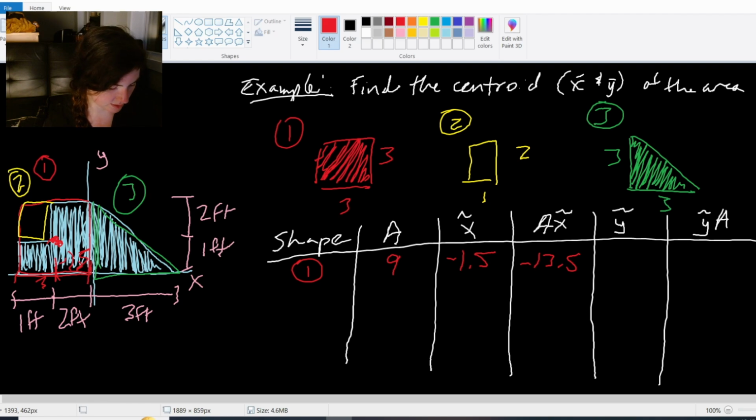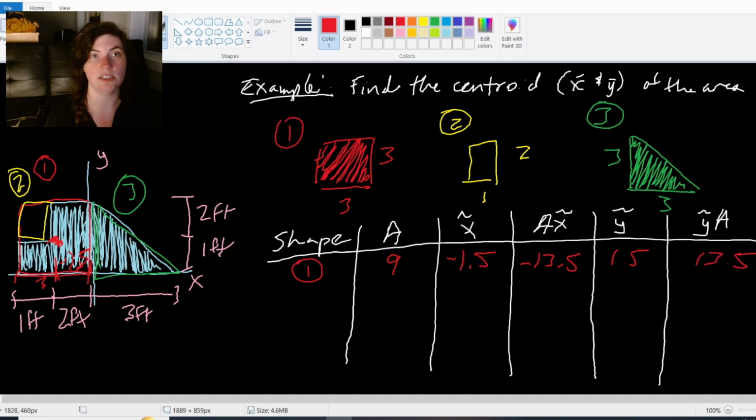So my y centroid here is going to be, again, halfway up through the square, and all of my y is positive, so it's just 1.5. 1.5 is where my y centroid is of that shape, and my a times y tilde is going to be a positive 13.5 this time.